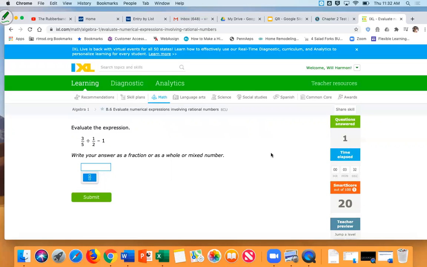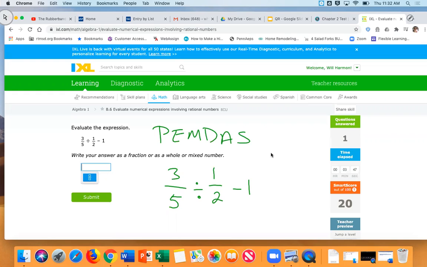Mike, when doing order of operations, what's the first thing I need to do? Subtract and divide.